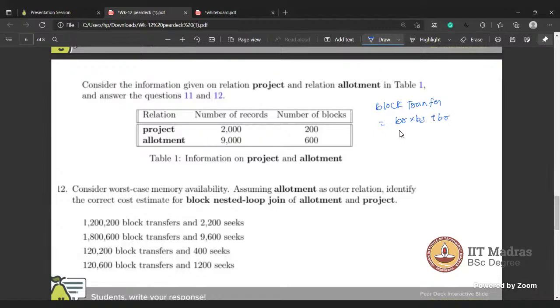So did everyone get how this formula came? No, sir, I don't get how this formula came. Okay, so let's discuss.